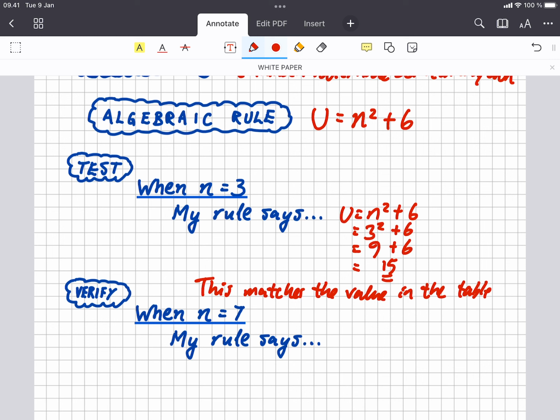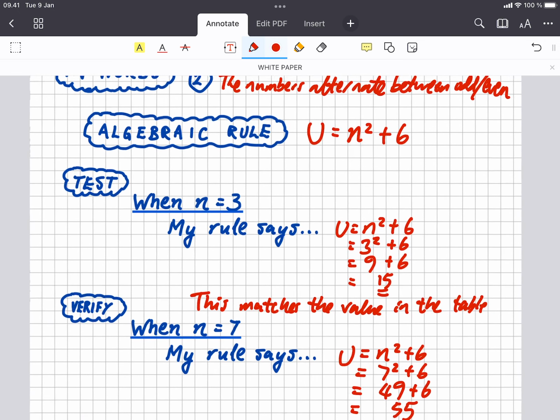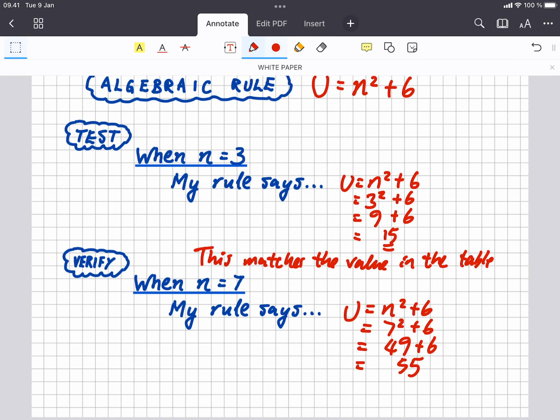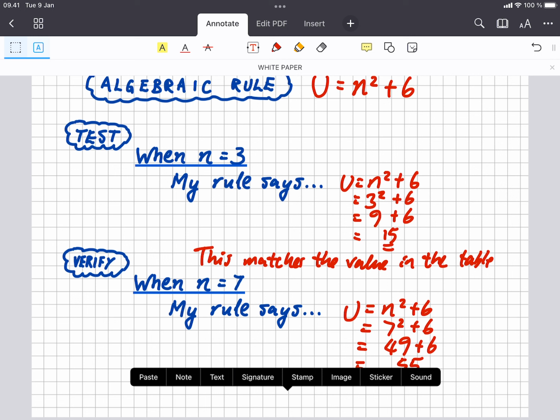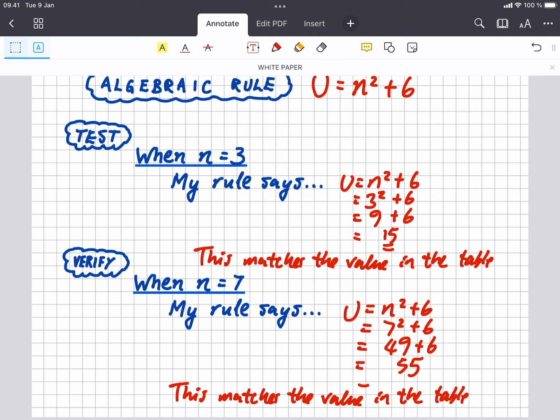So when n equals 7, my rule says u equals n squared plus 6, which is 7 squared plus 6, which is 49 plus 6, which is 55, and that matches what we get in the table. So we don't want to forget to make that observation. This matches the value in the table to ensure that we get the full mark for that.